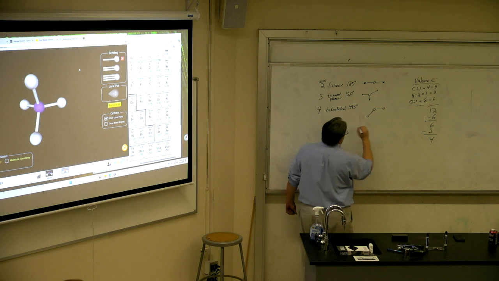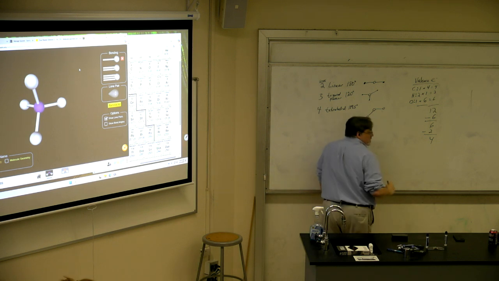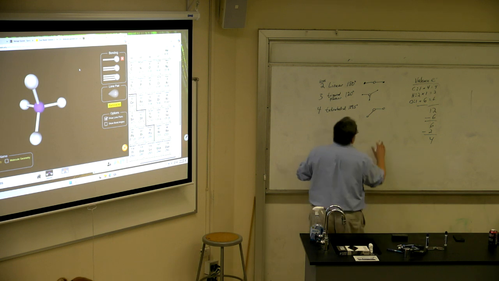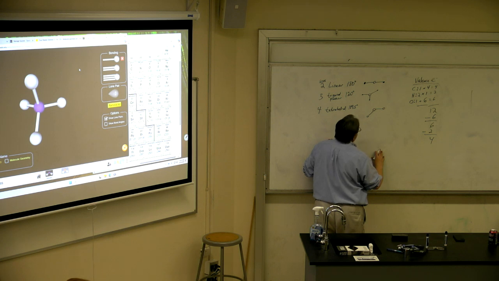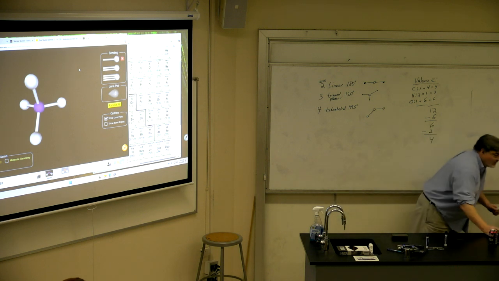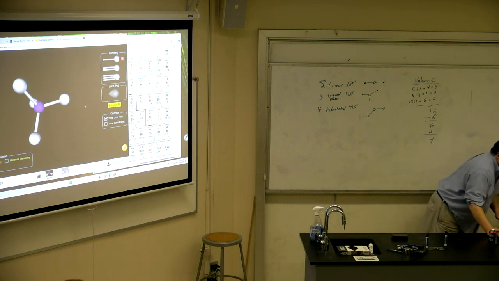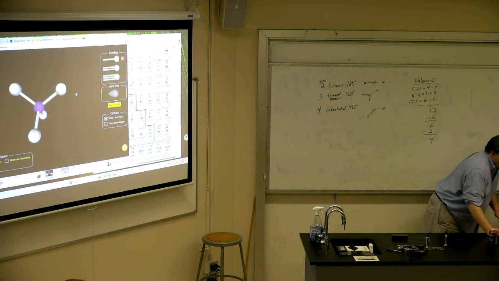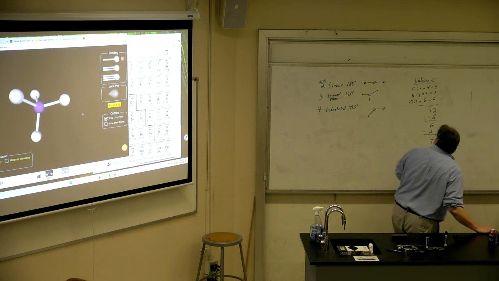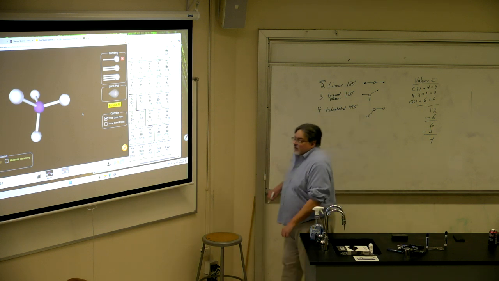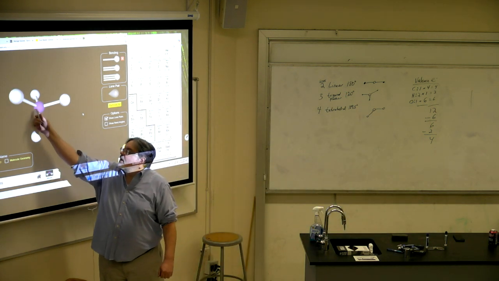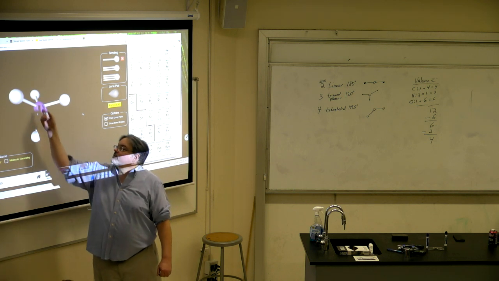And then the last two, this is all in the plane of the board. And then, I'm doing this weird. Suddenly confused. Oh yeah, okay, if I kind of angle it like that, sort of what I have here. Notice that this one's coming towards you, and this one's going back.